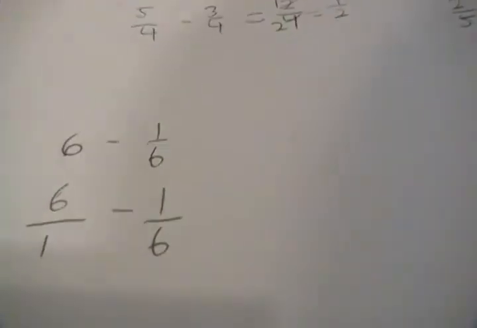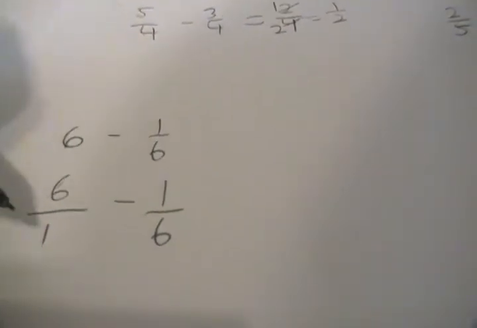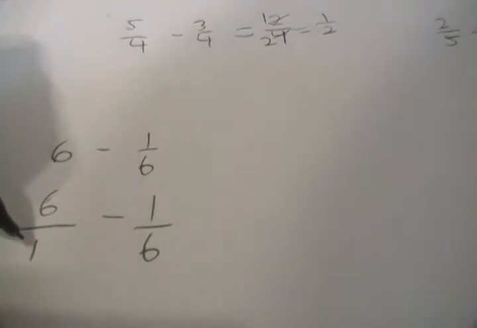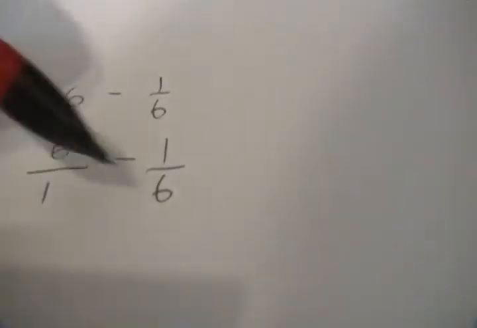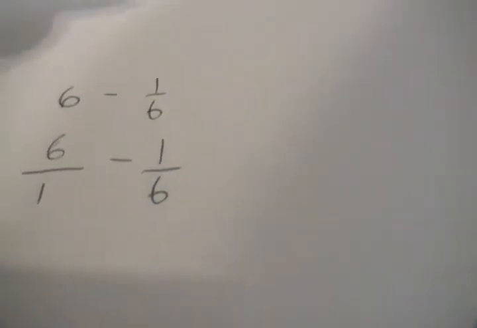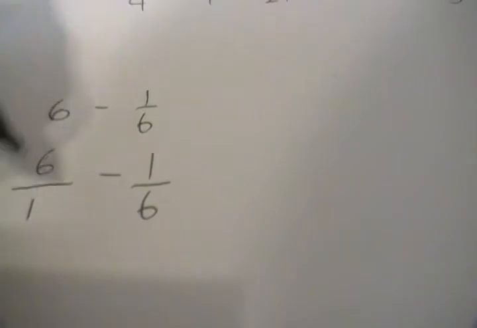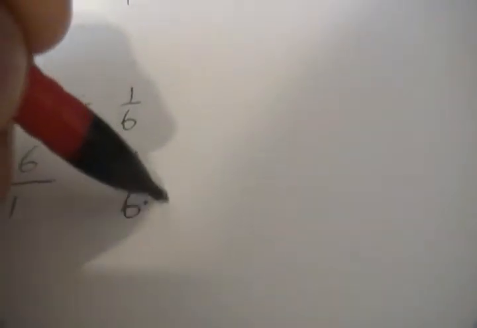Okay, well, the denominators, they don't match, right? So we have to find the common denominator. Since 1 and 6 don't really have anything in common, what you're going to do is multiply 6 to this side and 1 to this side.